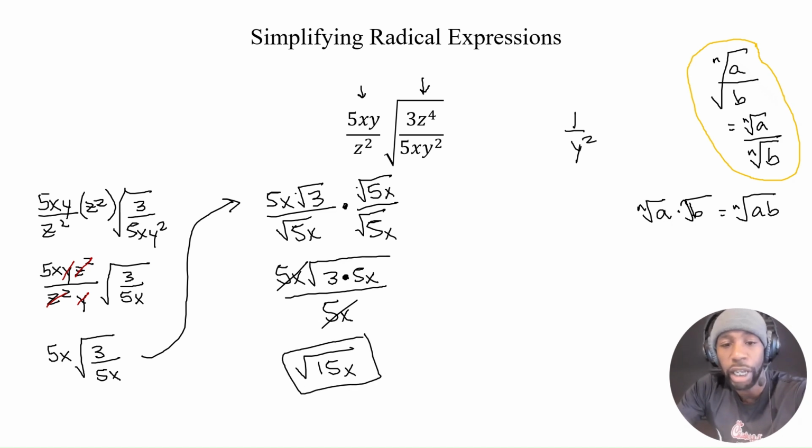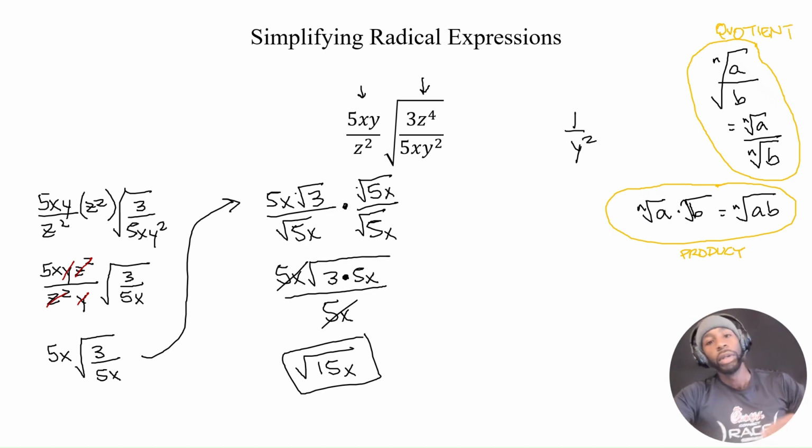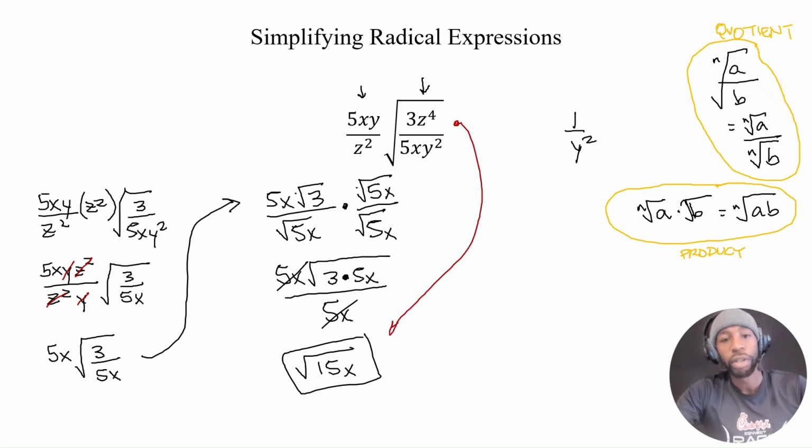So this is the product rule. And this is the quotient rule. But you see how we got from here to here. That's the simplified version of the same thing.